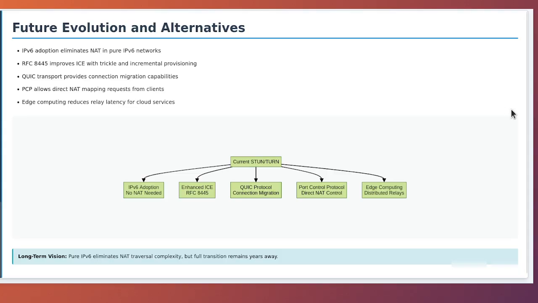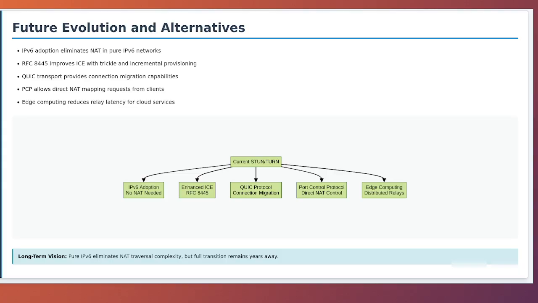However, PCP adoption has been limited, and many NAT devices do not implement it. NAT-PMP, its predecessor, also saw limited deployment outside Apple's ecosystem. The challenge is that NAT traversal protocols require cooperation from NAT device manufacturers, and getting broad support is difficult.